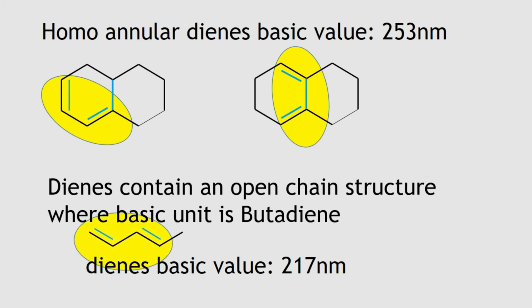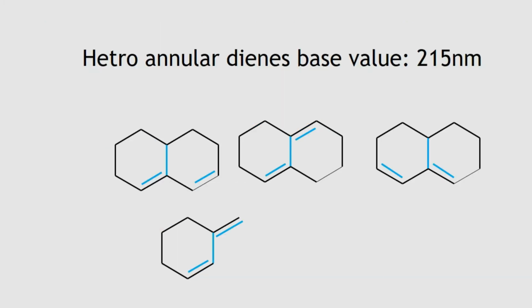Now next one is heteroannular diene. For that the basic value is 215 nanometer. Here you can see different types of heteroannular diene, where the two conjugated double bonds are present in different rings.